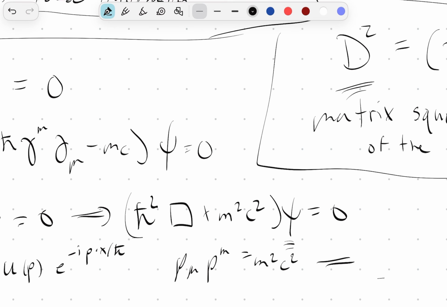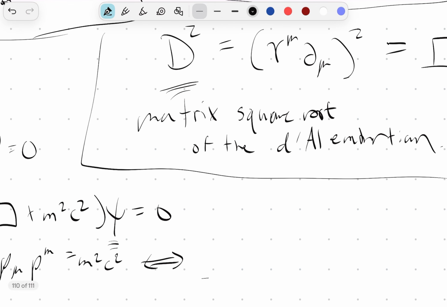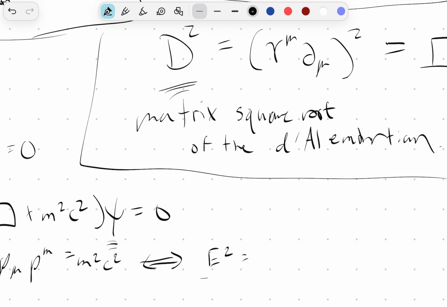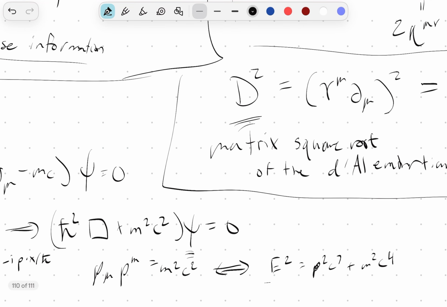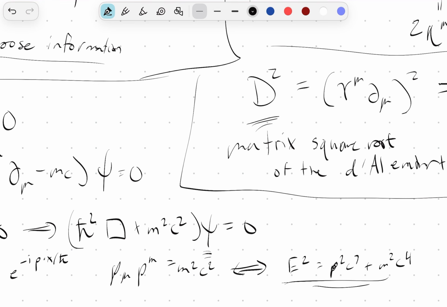m squared... p squared c squared... m squared c to the fourth. So for the Dirac equation, you automatically place the particle on the relativistic mass shell while you remain a first order differential equation in the space-time derivatives.